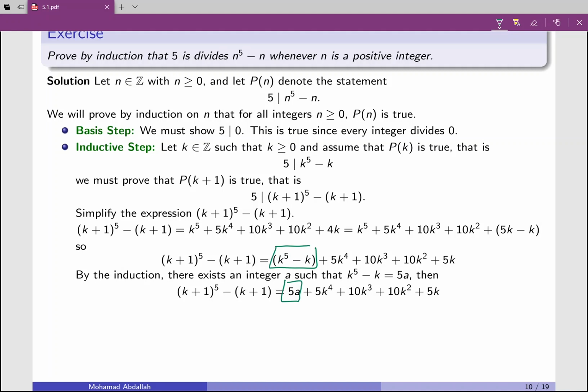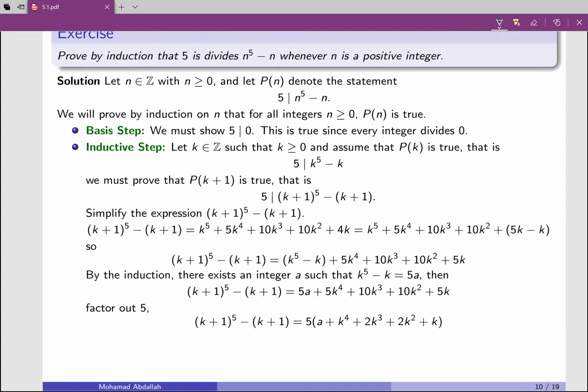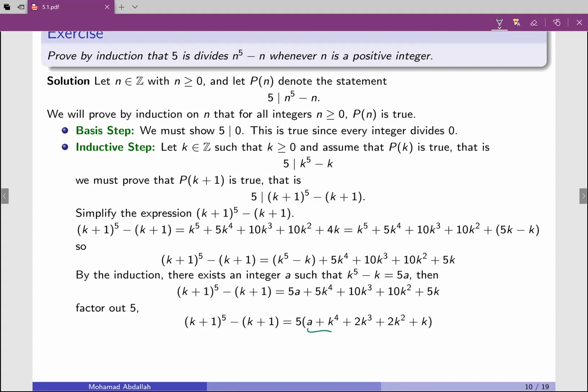But there's something nice you should see on the right hand side now: all the terms are multiples of 5. So I can factor out the 5 that I was looking for, and this guy right here is an integer. That's what I want to show. I wanted to show that k plus 1 to the power 5 minus k plus 1 is equal to 5 multiplied by some integer. And here's what I have.